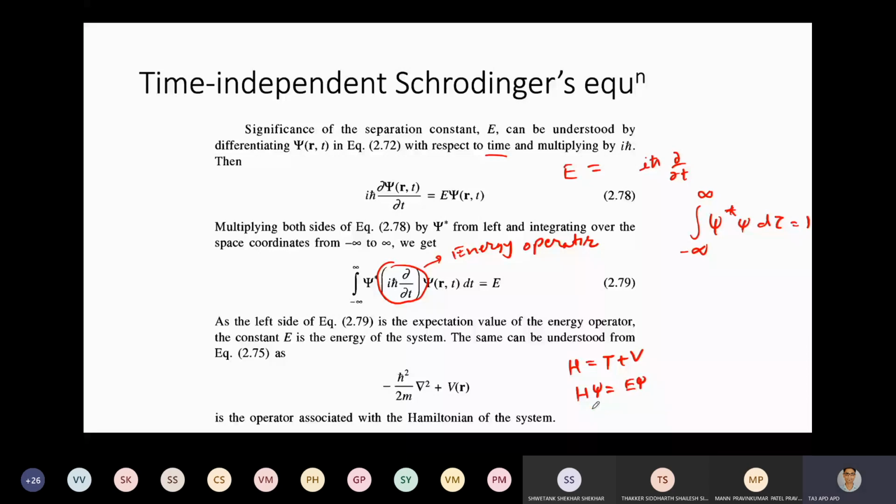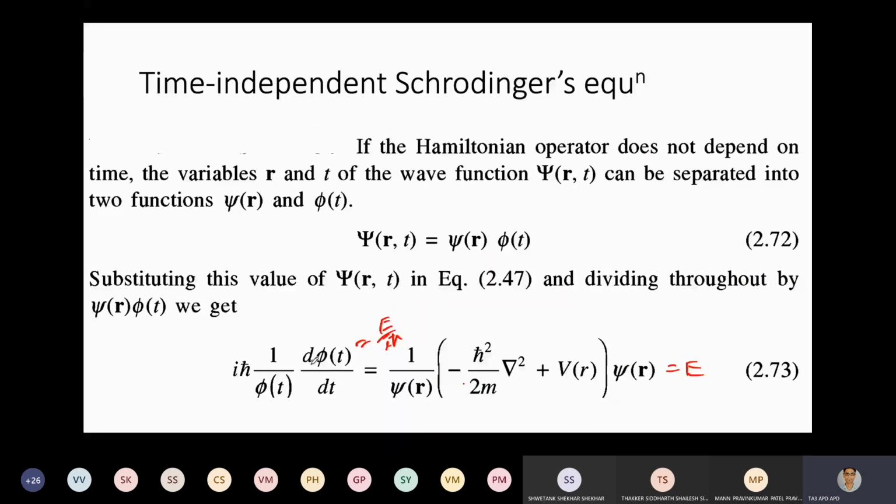Generally, it is represented by H cap because it is an operator. So H cap is operating on function psi, which is giving you the energy. All right. So that's why we are taking this constant to be equal to E. Here the constant we had given, that both sides are equal, that constant is equal to E. So that is all about Schrodinger's time-dependent equation.